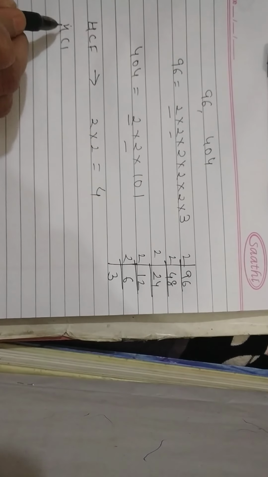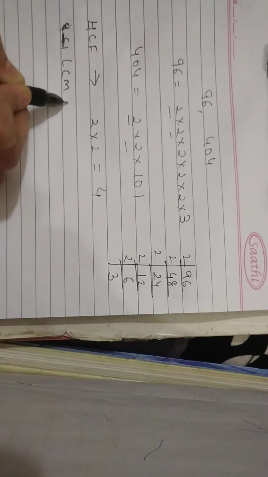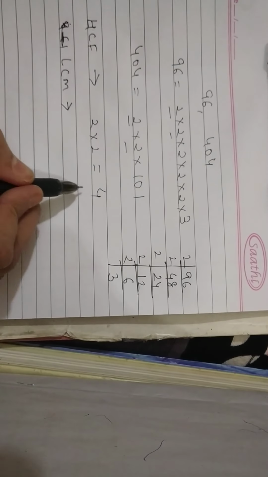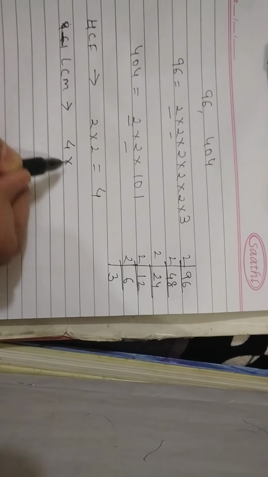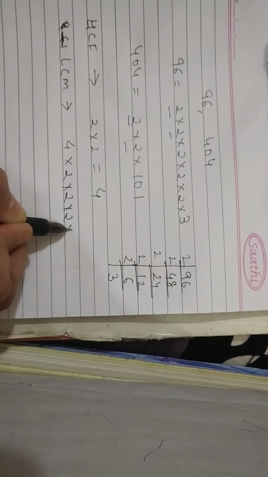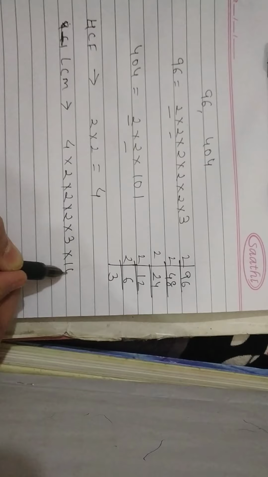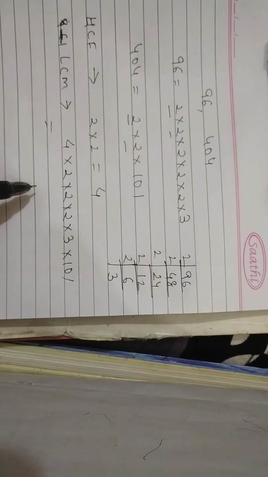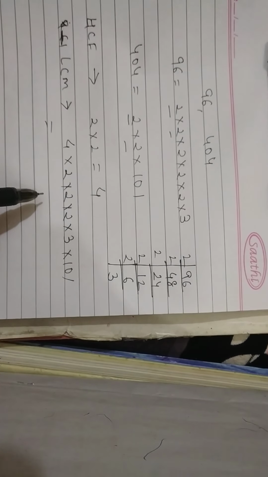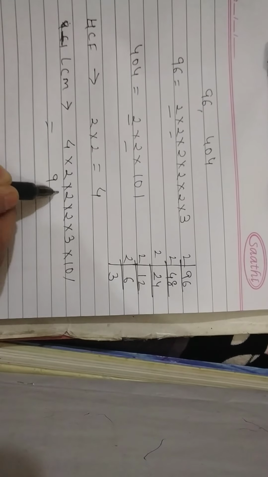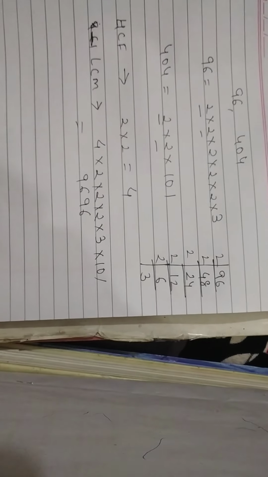For LCM, first we are supposed to take that 4 and the remaining. Here 3 times 2 into 3, here 101. We'll multiply these numbers. You'll get 9696.